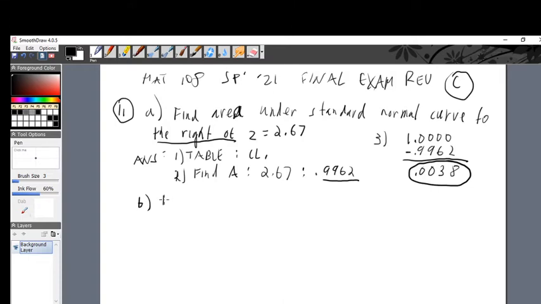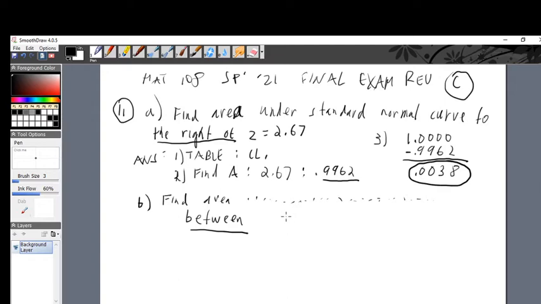Find the area under the standard normal curve, right? All that stuff under the standard normal curve. Between, and here's the key, between, those are the key words we talked about.